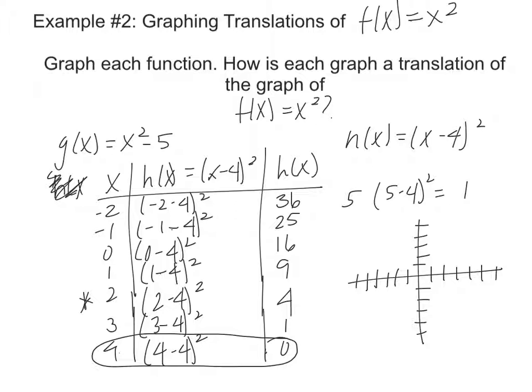So that one is going to be 2, positive 4, then 3, 1, then 4, 0, and then 5, 1. So as you can tell, it would have continued to go this way. And so it has been shifted to the right. So within the parentheses, if I see a negative, that means it's going to be shifted to the right. And in this case, it was shifted to the right 4 units.